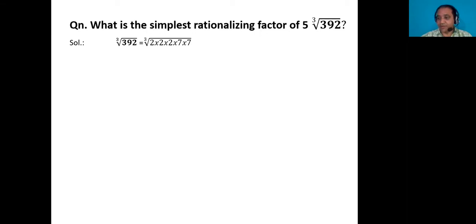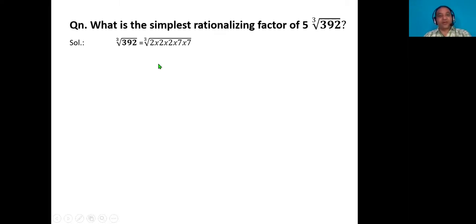For 2, we already have power 3, but for 7 we don't have power 3. We have only 2 7's, so we should have 3 7's. Why are we looking for 3 7's? Because there is a cube root. So under the cube root, there should be 3 of them so that the power is 3.